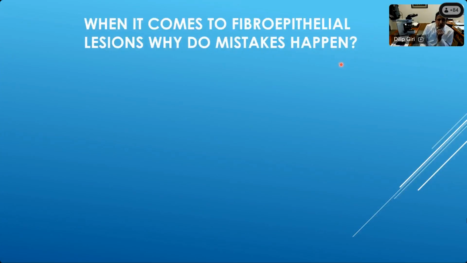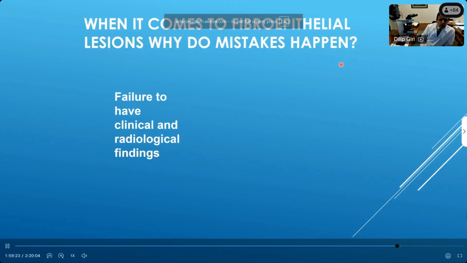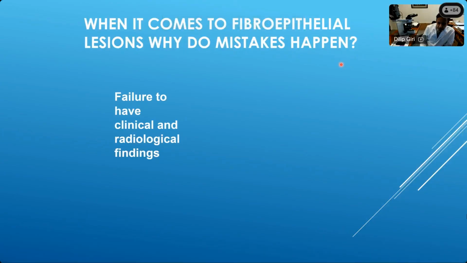Okay, so why do mistakes happen when we deal with fibroepithelial lesions? Obviously, it is failure on our part to fully have the clinical and radiological findings. And I think there is no excuse for that.